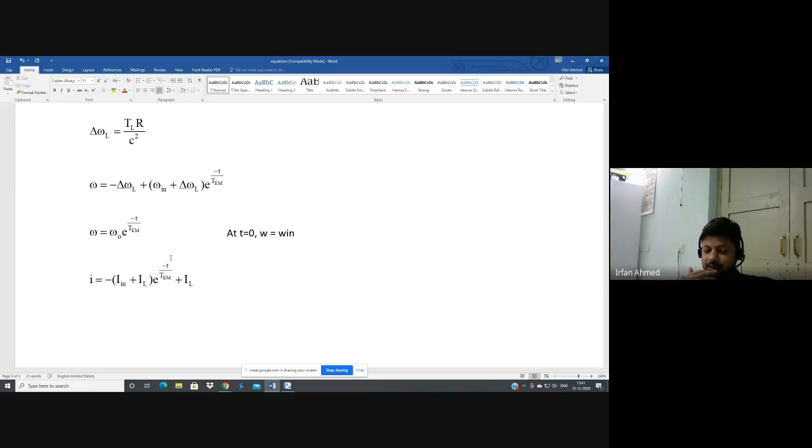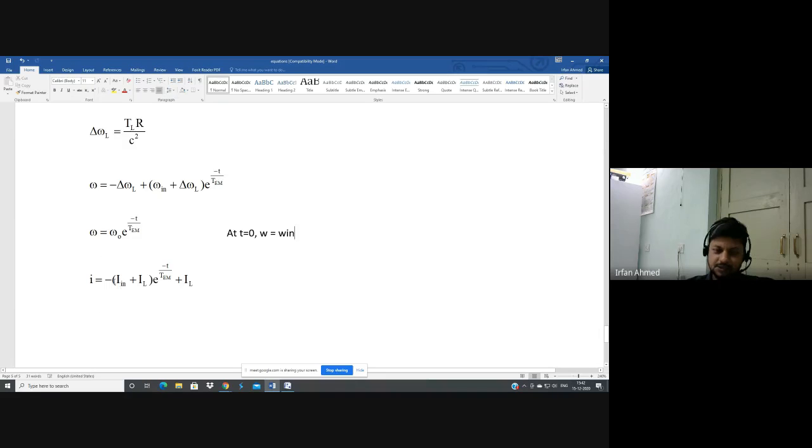As soon as you disconnect the supply and connect an external resistance in the armature circuit, and you neglect the armature inductance, the armature current reverses instantly. So this is the equation for the armature current.